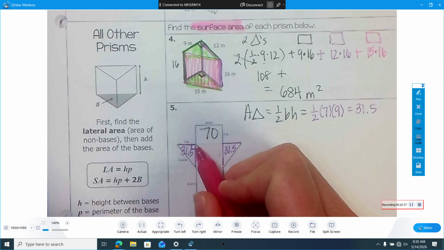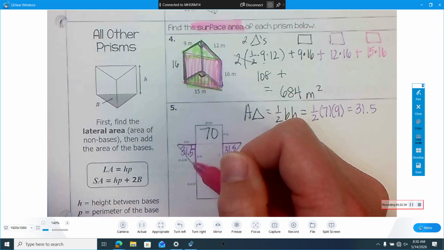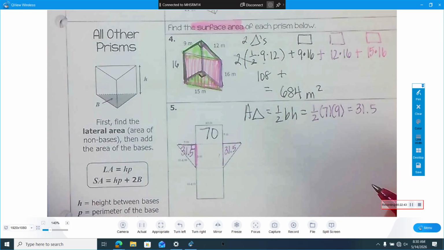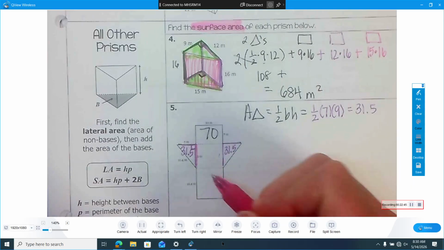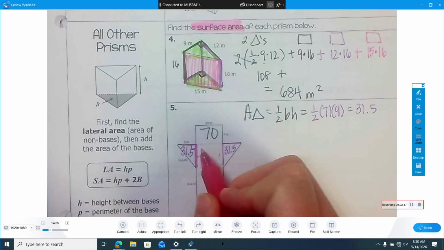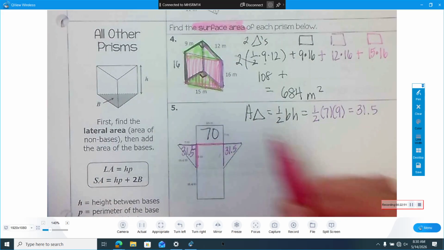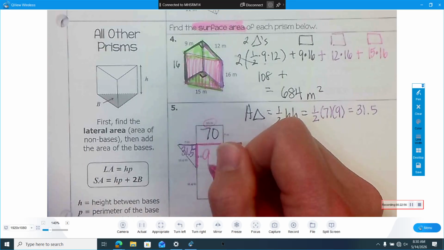It has an edge of 9. Are all the sides congruent to each other? No, don't assume that. We have to look carefully at our picture. This side is 9, and across the top, the length is 10. It matches the 10. What's 9 times 10? 90.